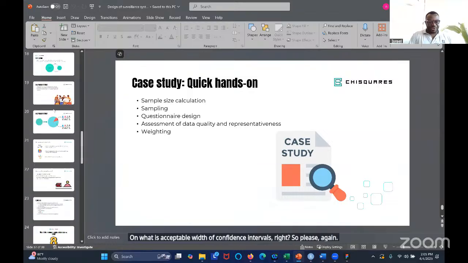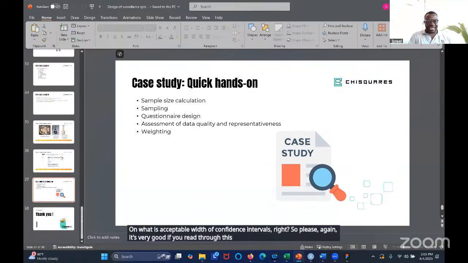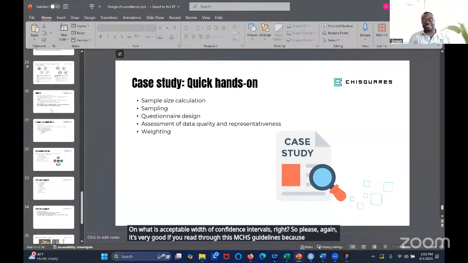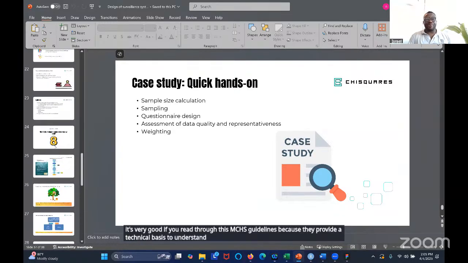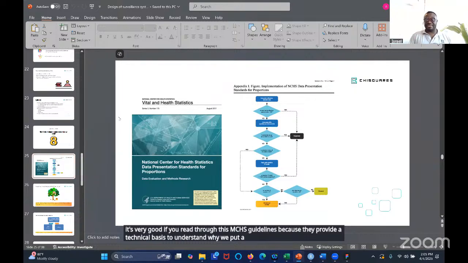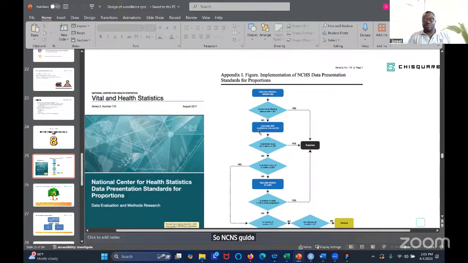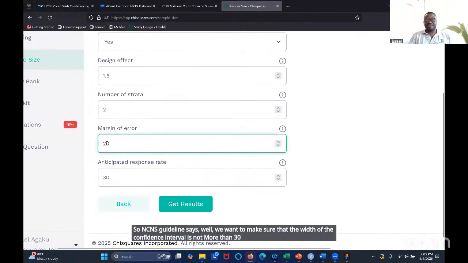It's very good if you read through these NCHS guidelines, because they provide a technical basis to understand why we put a lot of validations in place. So the NCHS guideline says we want to make sure that the width of a confidence interval is not more than 30%, right?